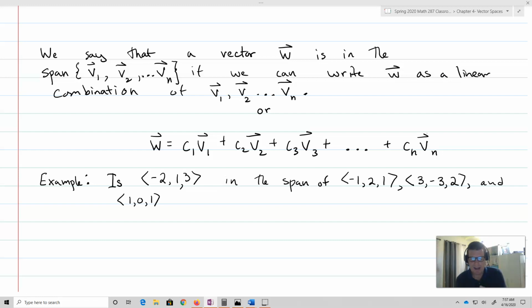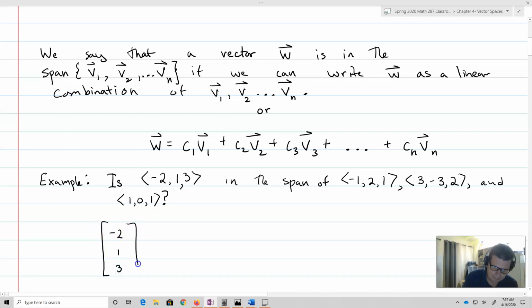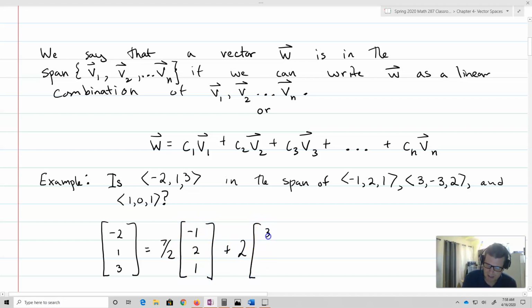For example, is (-2, 1, 3) in the span of (-1, 2, 1), (3, -3, 2), and (1, 0, 1)? Well, it turns out it is, because I can write (-2, 1, 3) equal to 7/2 times (-1, 2, 1) plus 2 times (3, -3, 2) plus -9/2 times (1, 0, 1).